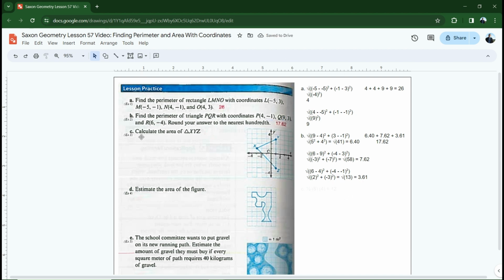All right, now, letter C is actually an easy one that looks like a hard one. Sometimes when you have to calculate the area, you are going to have to do some tough calculations. So I could use the distance formula to find the length of YZ.